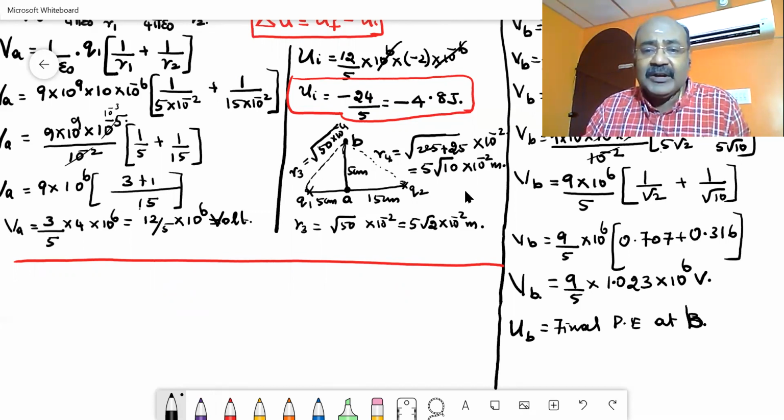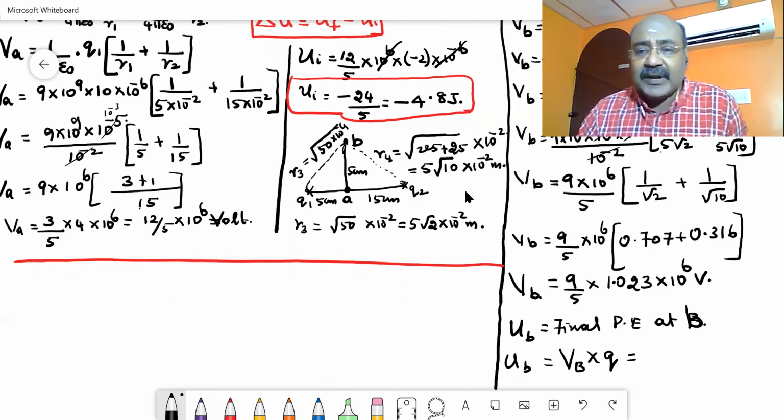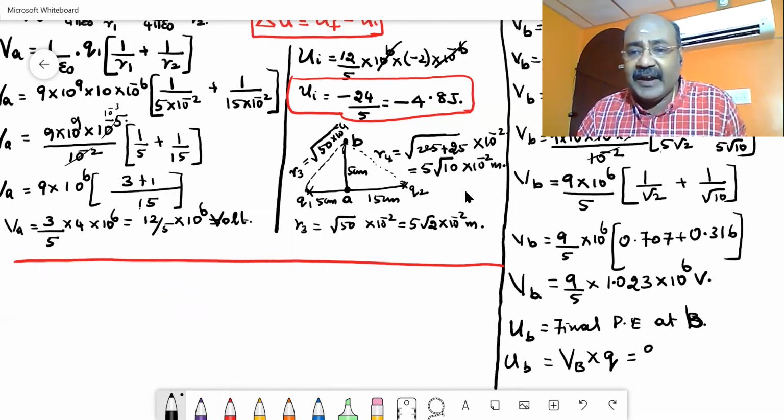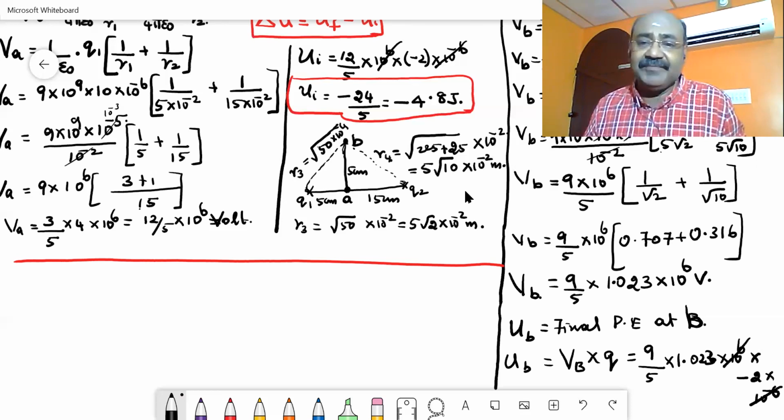So epsilon B is equal to the potential at the point B multiplied with the charge moved. Potential at point B is 9 divided by 5 into 1.023 into 10 power 6 into minus 2 into 10 power minus 6. So this minus 6 and 6 will get cancelled.